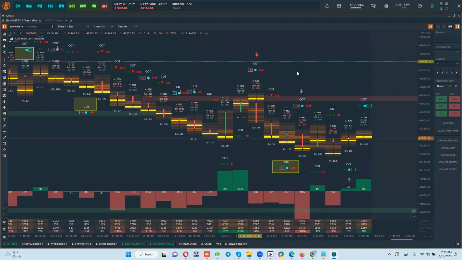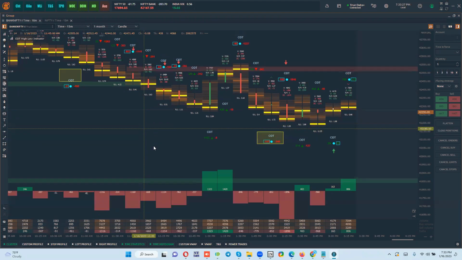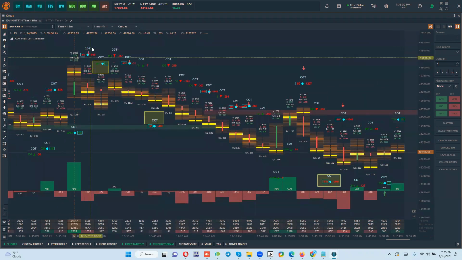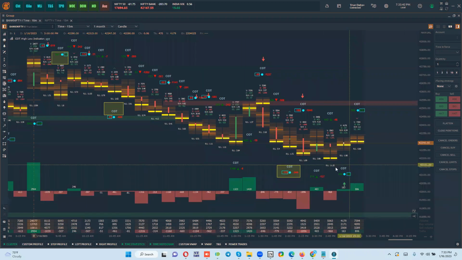And if both the values are positive, it is a support for you. So whenever both the values are negative, that is where there is strong resistance or possible sellers at these levels. And if both the values are positive, that can act as a support for you.